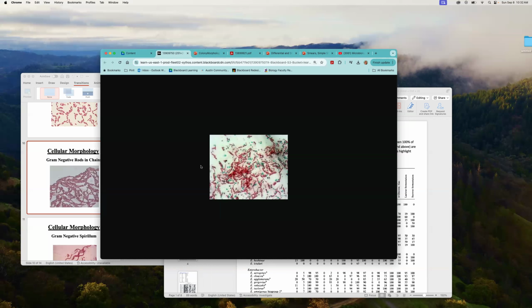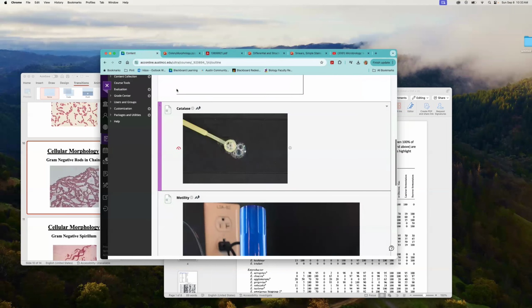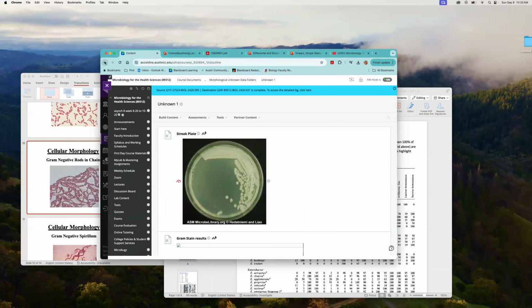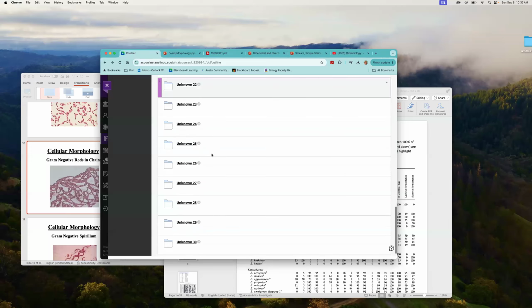On this one, there is malachite green. There are endospores. So this is either going to be a Bacillus or a Clostridium. You should be able to find your particular unknown here.